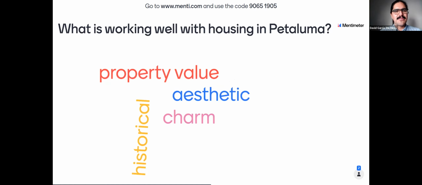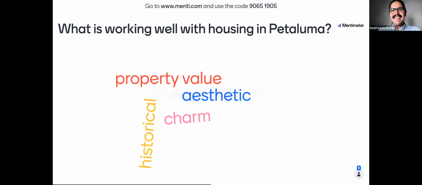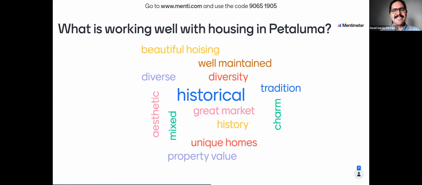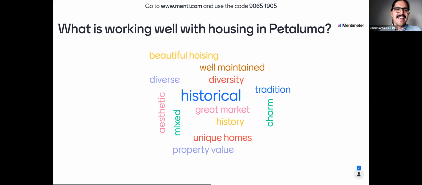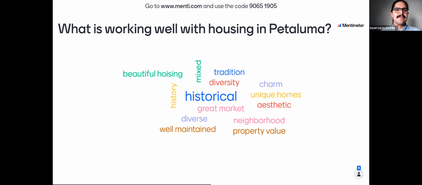So we already see some great ones, historical, we got some charm, some aesthetics. It's always interesting to see which of these terms other people get inspired by and start repeating. So we see that historic jumping out, staying center, but we also see unique homes, very well maintained, beautiful housing, diversity or diverse.